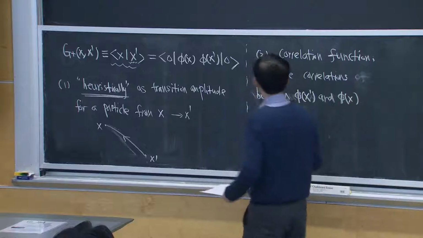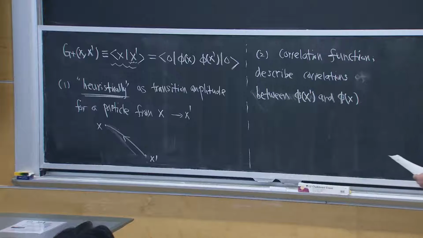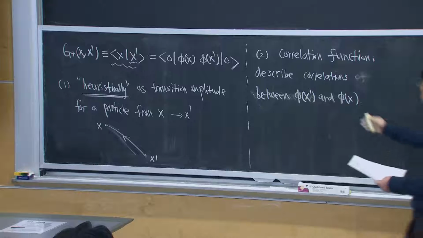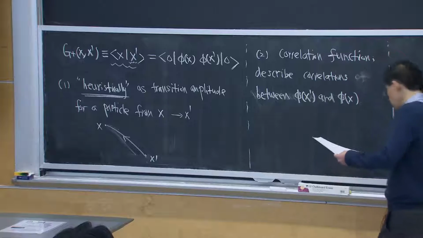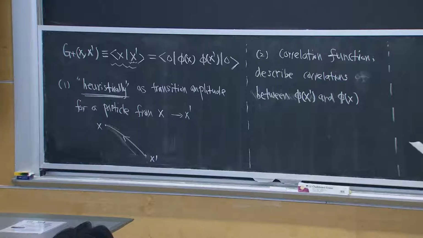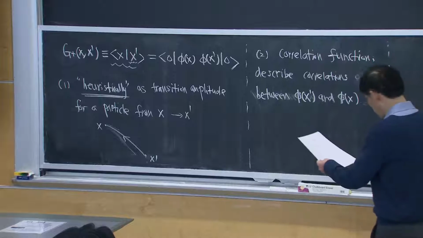Okay, so this is the interpretation most convenient, for example, from a condensed matter perspective, if phi, say, describes average spins.